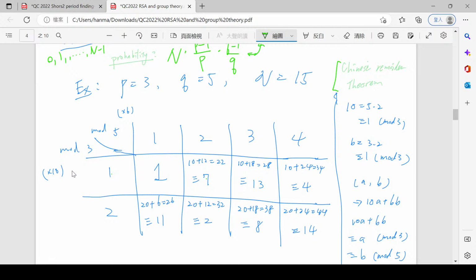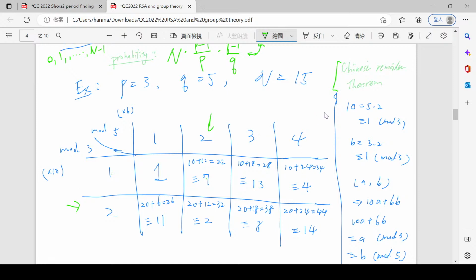What we did is count from 1 to 14 and try to fill in this table. But what if we just want to look at the two coordinates of this table and find out what number should be inside? There is actually a way to do this. That's the Chinese remainder theorem.